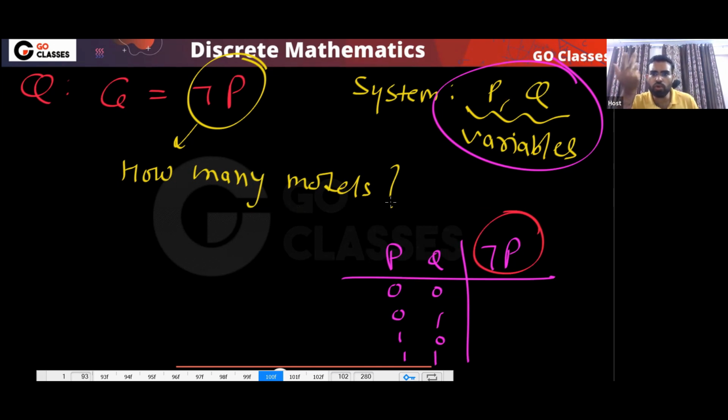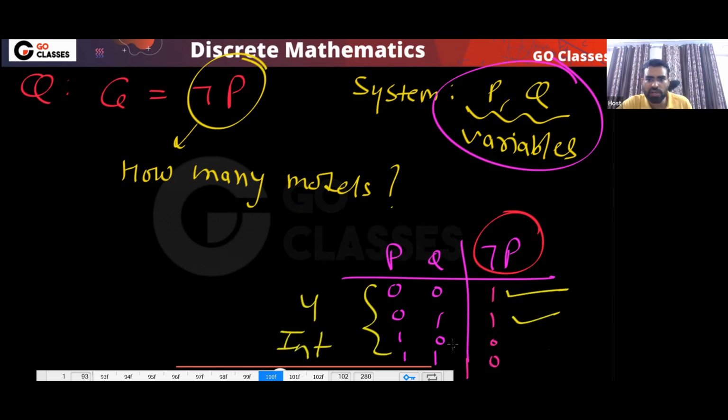No. Who told you to take all the variables? I can define negation P without Q. That will be 1100. So how many models does negation P have? This is a model, this is a model. So there are a total of four interpretations, and a total of two models.